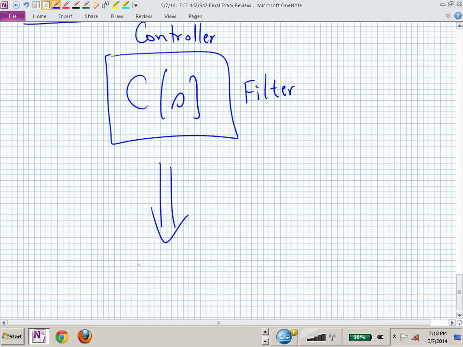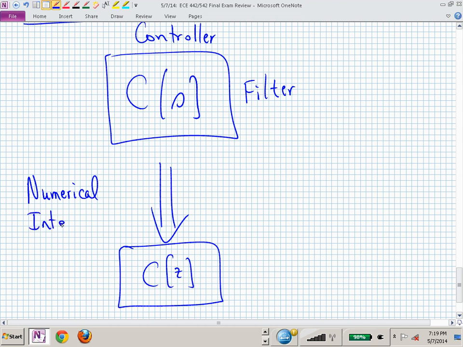Meaning now you're trying to find a C of Z either via numerical integration or with pole zero mapping.